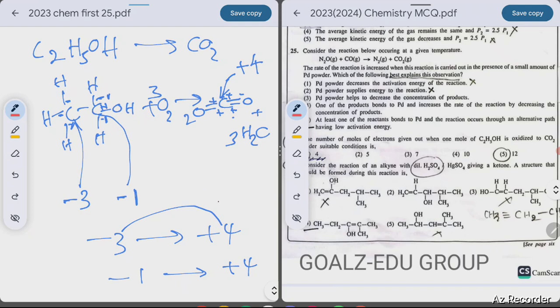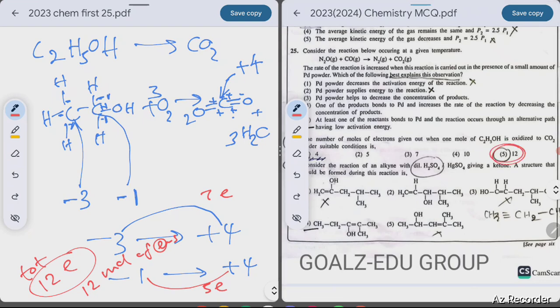It has released 7 electrons, right? And when it goes from minus 1 to plus 4, it has released 5 electrons, which means totally 12 electrons are released. So here now C2H5OH, 1 mole reacts with 3O2 and it gives how many moles of electrons? Therefore 12 moles of electrons are released. So the answer is 12.